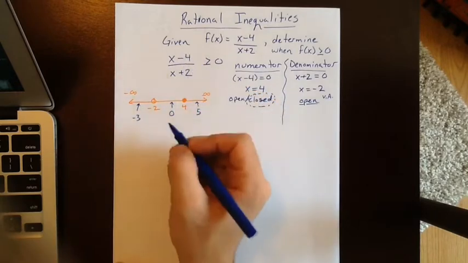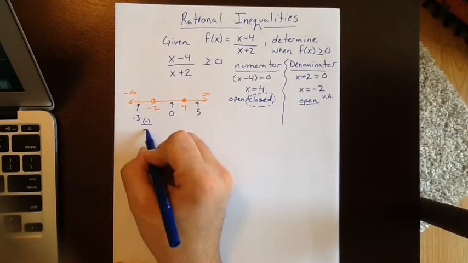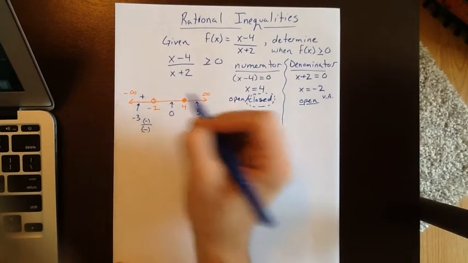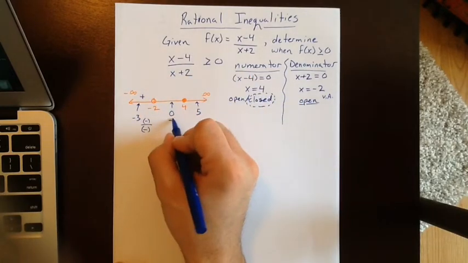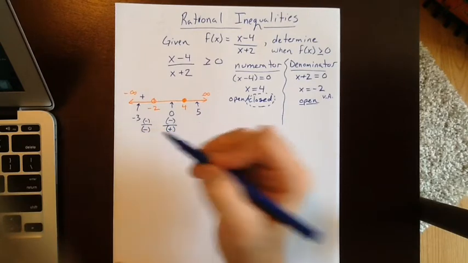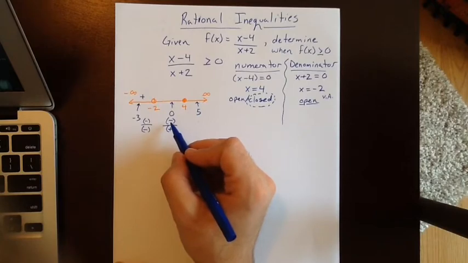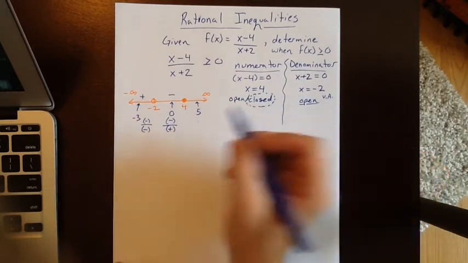So we place negative 3 in, and we're getting a negative number divided by a negative number. Two negatives, when divided, result in a positive. When we place 0 in, we get a negative divided by a positive. And like we saw before, an odd number of negatives results in a negative quotient or product.